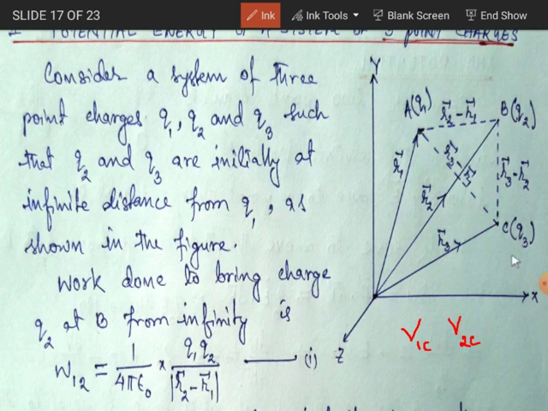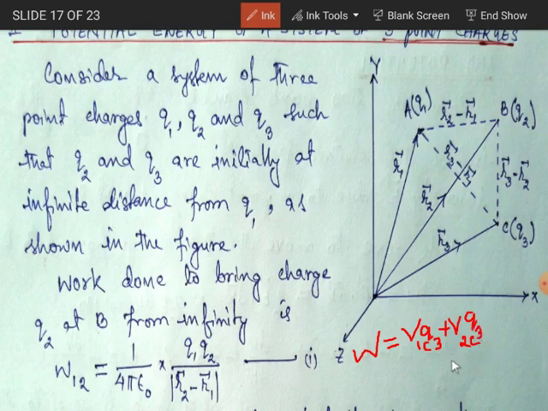So your total work done W in bringing q3 from infinity up to this position C will be equal to V1C times q3 plus V2C times q3.